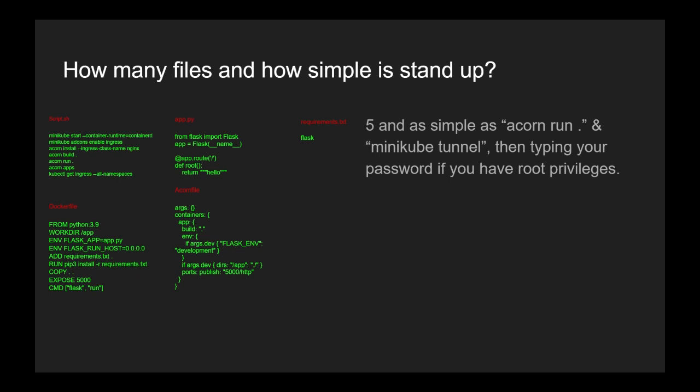Well, how many files does it take for a simple stand-up? Not very many. As you can see, it's as simple as a few scripts, some config, and this is the amount of files that I use, roughly 5, because I was looking to stand up a basic Flask-based website. So why should I use this?